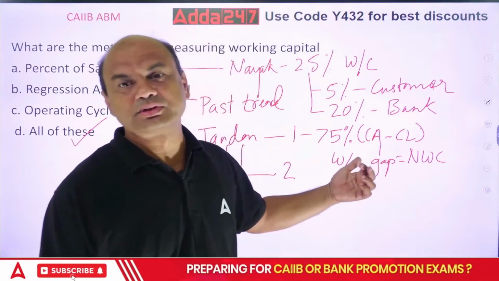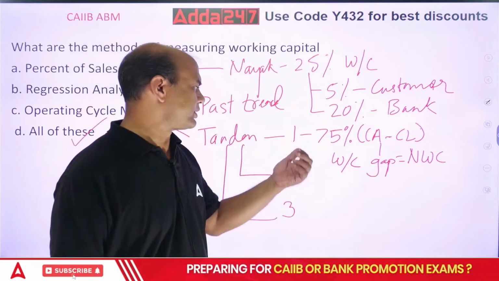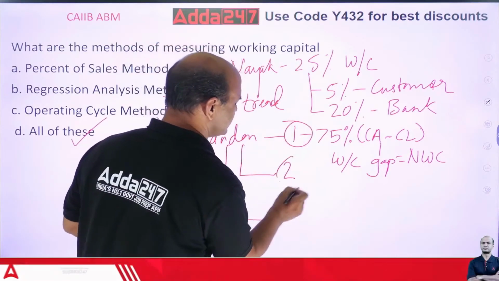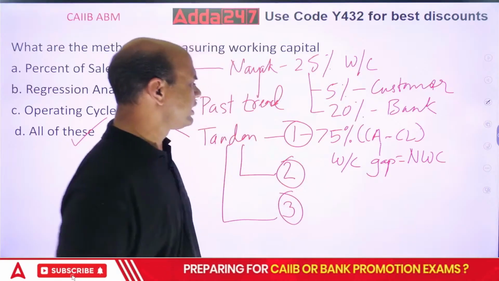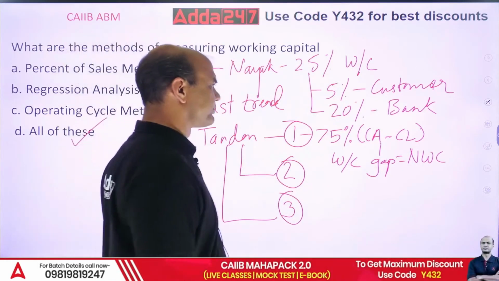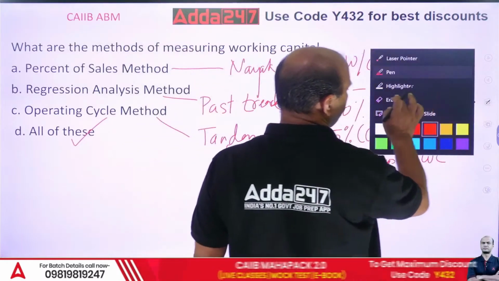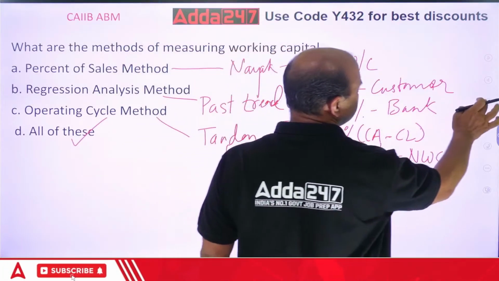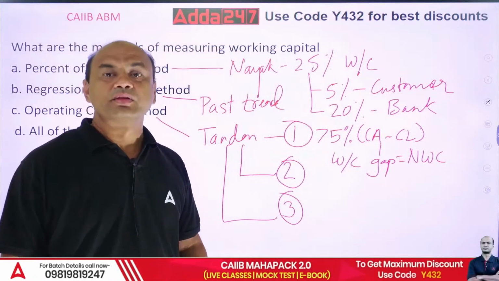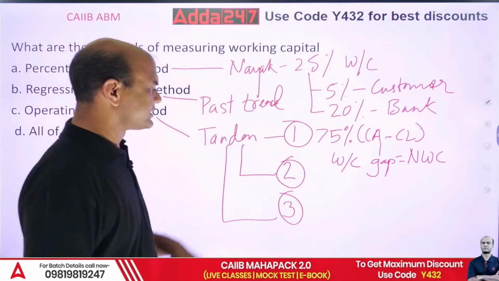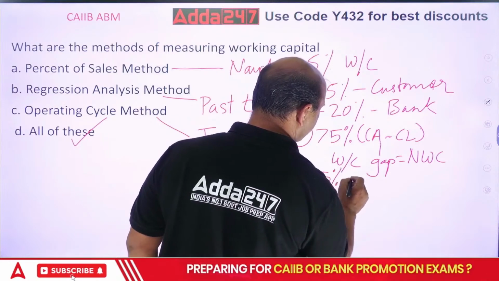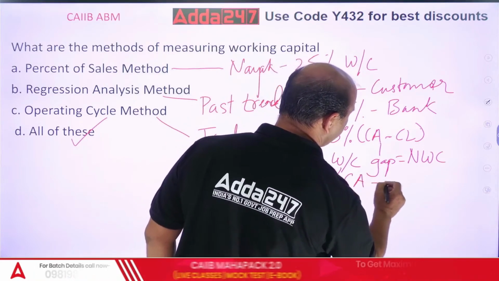This is generally used in DP calculations, drawing power. Many of you will feel it's minus, but it is not. Drawing power is the main element in any CC. Now the second method: 75% into current asset, minus current liability.